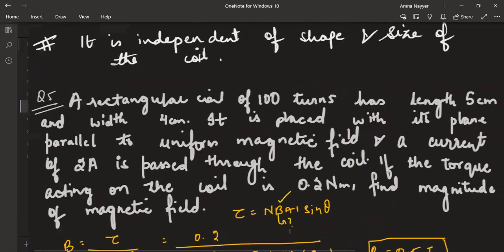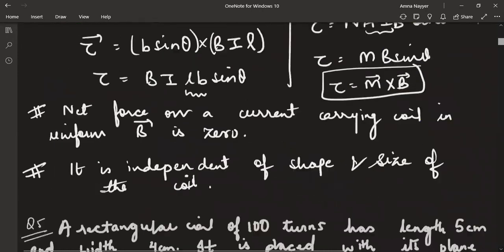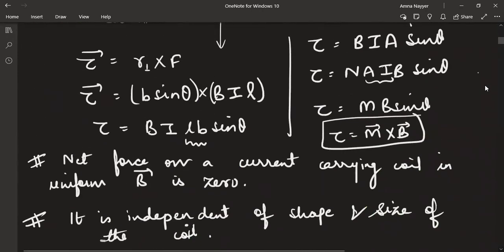Then you have the formula of torque. Torque has a few formulas. The derivation of torque is very important, class. So the formula of torque is M cross B, that is magnetic moment cross magnetic field, or you can write magnetic moment as area into current, so that becomes A I B sine theta.